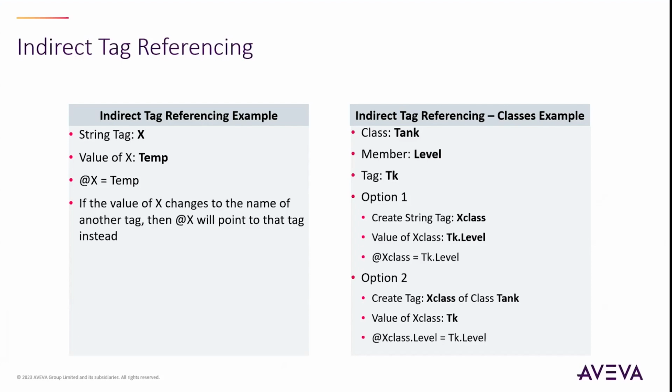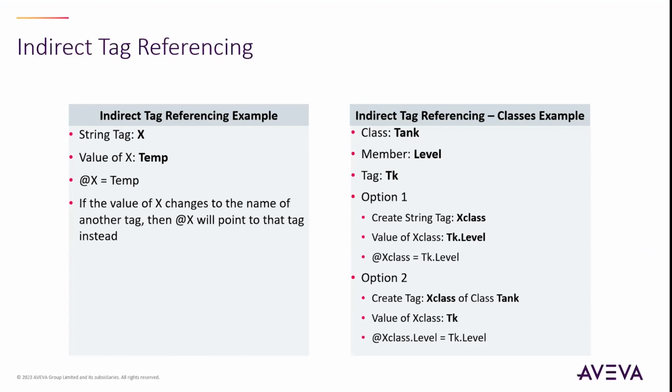For the sake of time, I'm not going to go through all of the details, but essentially you can create a string tag that references another tag in your project. For example, maybe you have a tag called temp. You could create a string tag that you call X, and every time you say @X in your project, the value of that temperature tag would be displayed there.